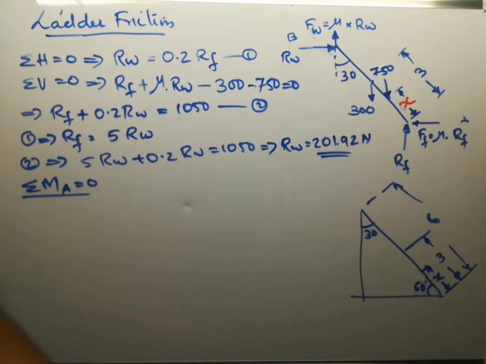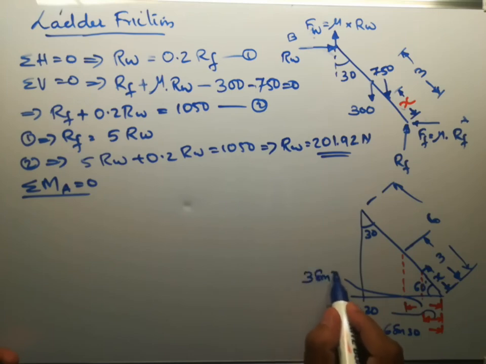Okay, therefore this distance will be 6 sine 30, this distance will be x sine 30, and this distance will be 3 sine 30.